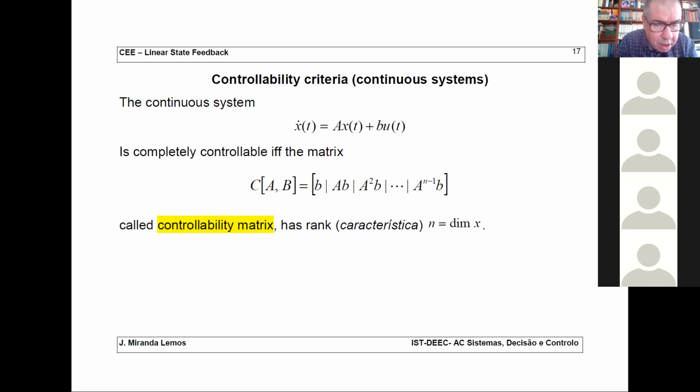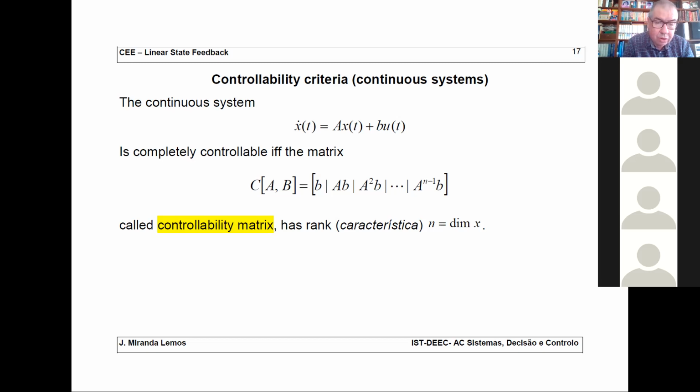In this case, can we only say that the system is totally controllable if the rank equals the dimension of x, and if not, we can only say that it's not controllable? Or can we measure that it's more controllable than? Yes, if you look at the rank of C, suppose that your state dimension is 2, and the rank of the controllability matrix is just 1, then this means that you will be able to attain states along a line.